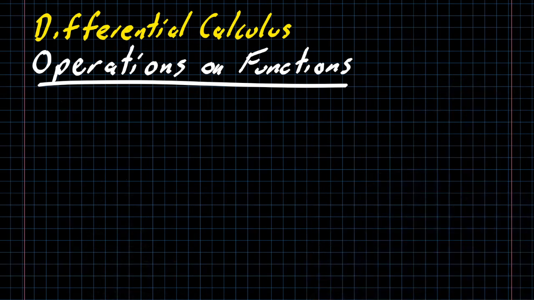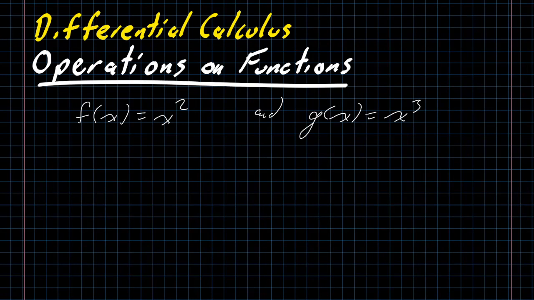I'm not going to try to insult your intelligence by telling you that if I have the function f of x equals x squared and g of x equals x cubed, that it is in any way difficult to figure out that f plus g acting on x is simply the sum x squared plus x cubed. That is all there is to operations on functions, except when it's not.